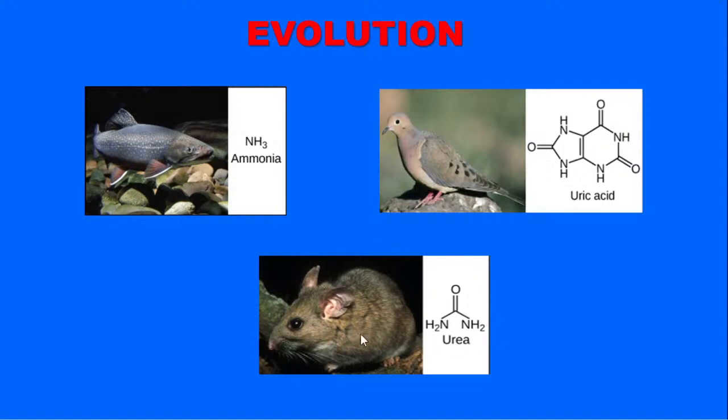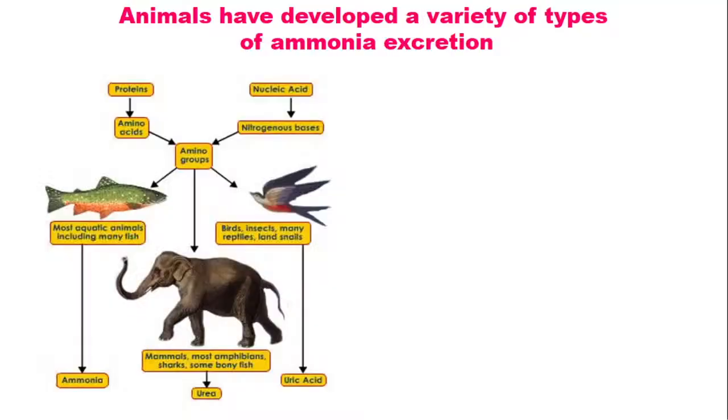And finally, mammals and humans started to excrete urea. So they had to develop a mechanism for how to synthesize this substance from free ammonia and how to excrete it.